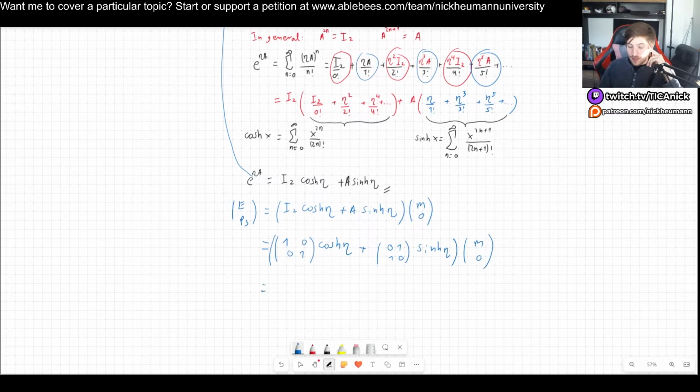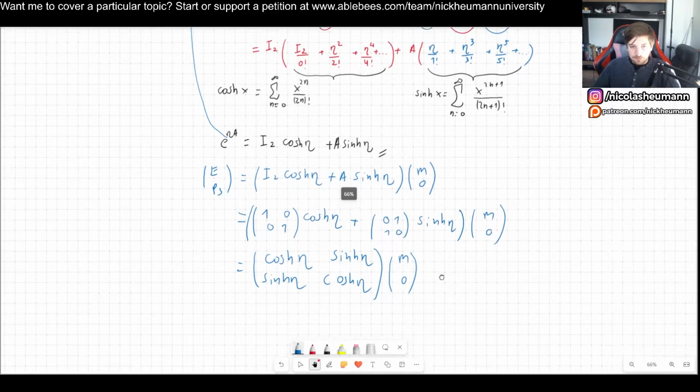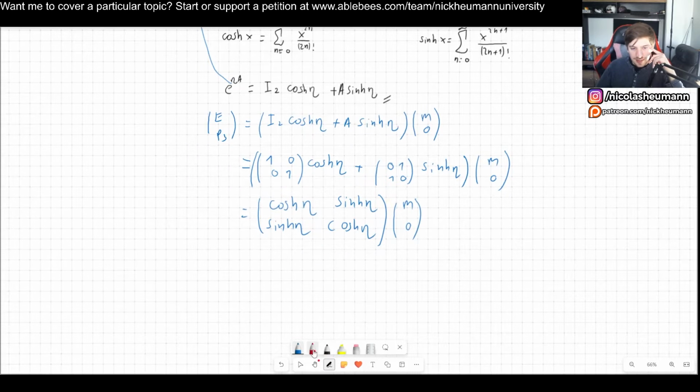Now we can multiply inside. So here we get the hyperbolic cosine of eta, and then we add the hyperbolic sine of eta and the hyperbolic sine of eta. So I skipped a step there, but I hope it's all clear. m0. Okay, so now we can multiply through and we're going to get a nice little result.